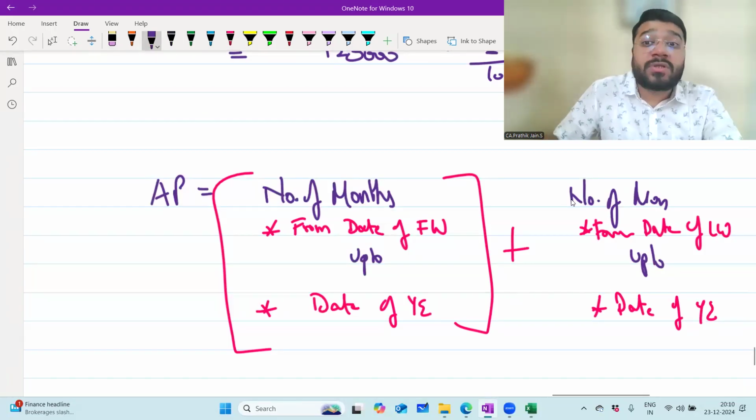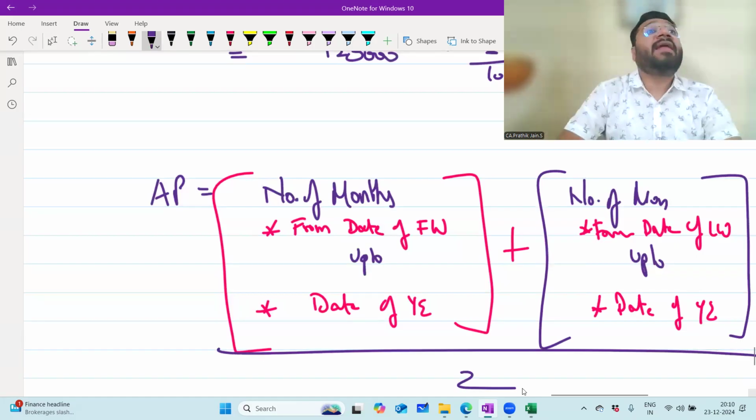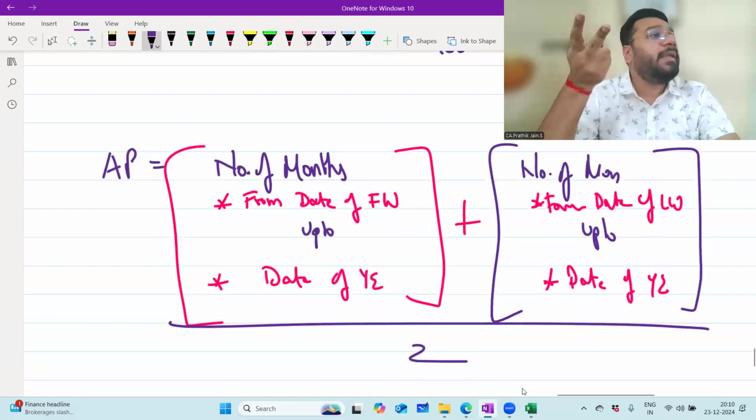This formula looks complicated, but it's very easy. By 2, because it is an average. In the numerator, I've taken 2 items, so I'll divide by 2 only.